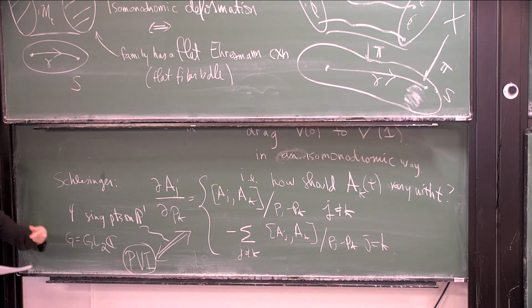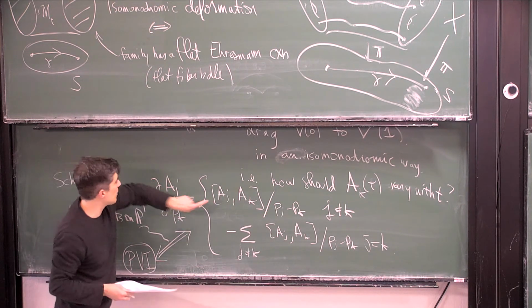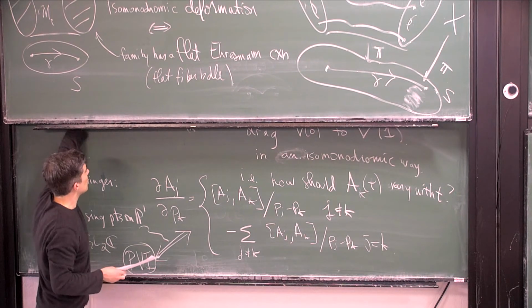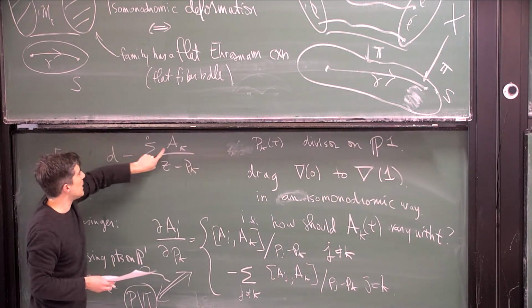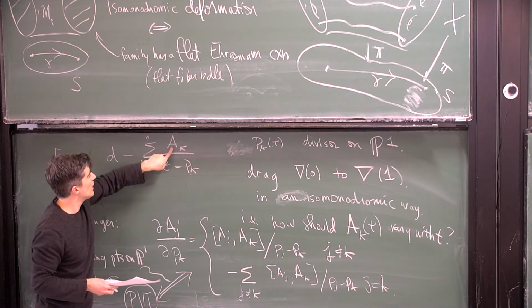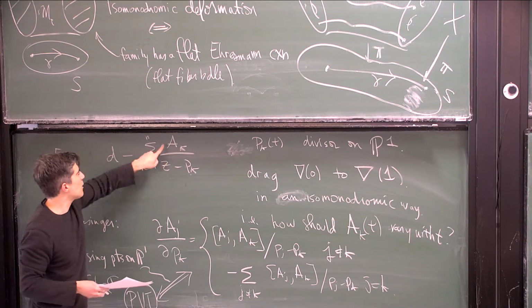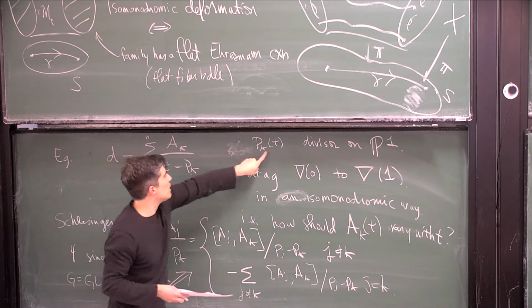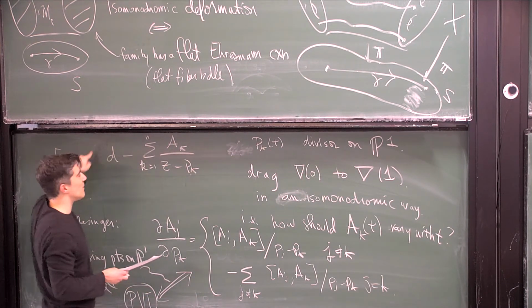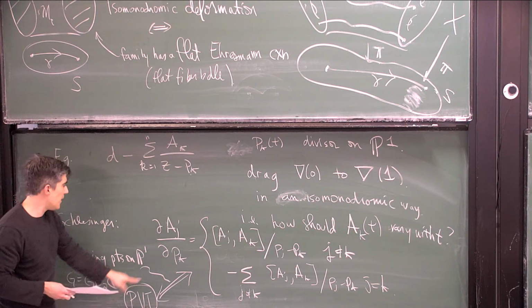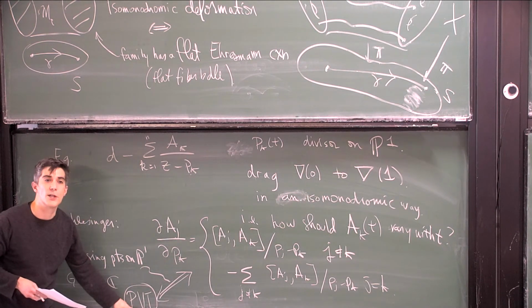So if you have 4 of these matrices at the 4 poles, and you want them to vary in GL2 in such a way that as these points move, the monodromy of this connection remains constant, the monodromy matrices at the 4 points, then they should satisfy the Painlevé 6 nonlinear ODE.